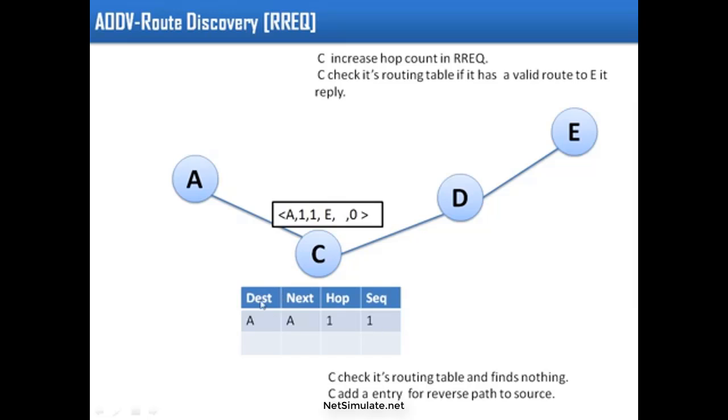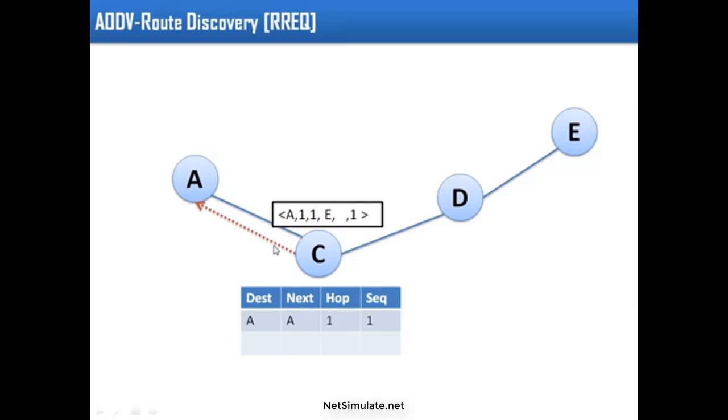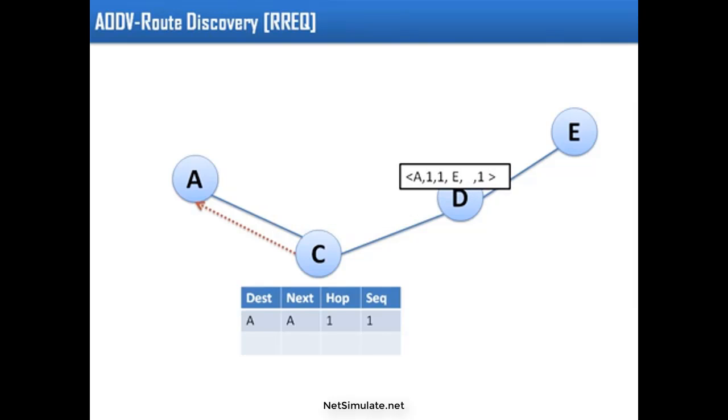This is also known as keeping a backtrack for the sender. This red arrow shows that C is keeping the information that A is reachable using this path. Now C increases the hop count and broadcasts this packet again.